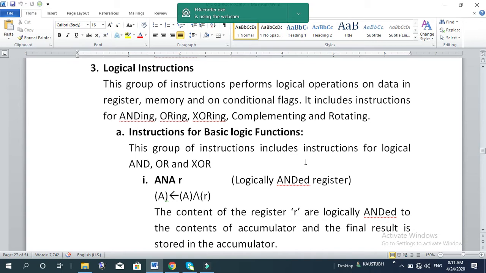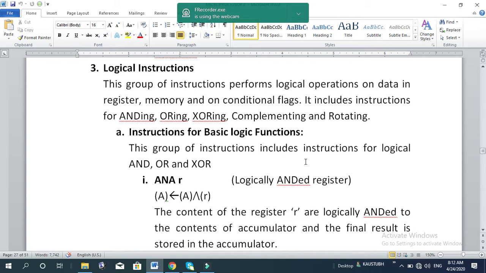And also addition instructions are there for adding immediate data. Similarly, logical instructions are also for logically ANDing, XORing, and ORing with the data stored in the register, or stored in the memory location whose address is in the HL register pair, and immediate data.